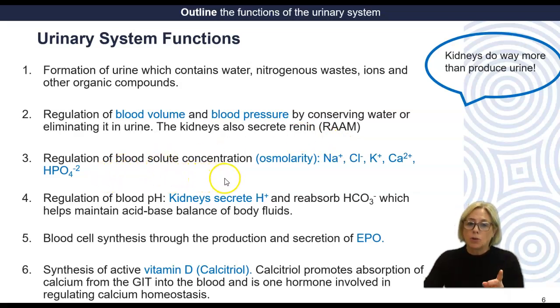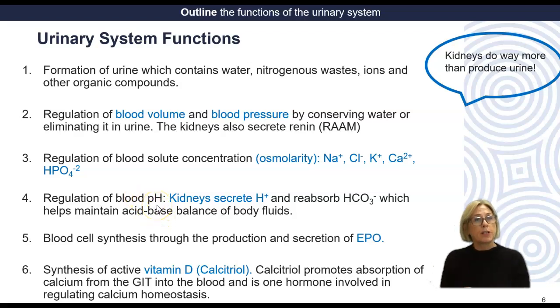Regulation of blood solute concentration, so regulation of the blood osmolarity. So the kidneys have the ability to excrete excess ions and electrolytes such as sodium, chloride, potassium, calcium, and the phosphate ions. Regulation of blood pH, right?